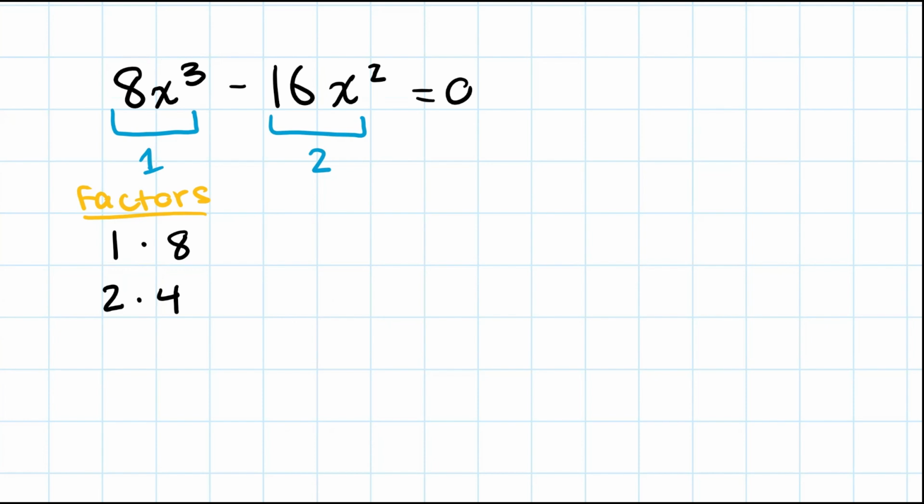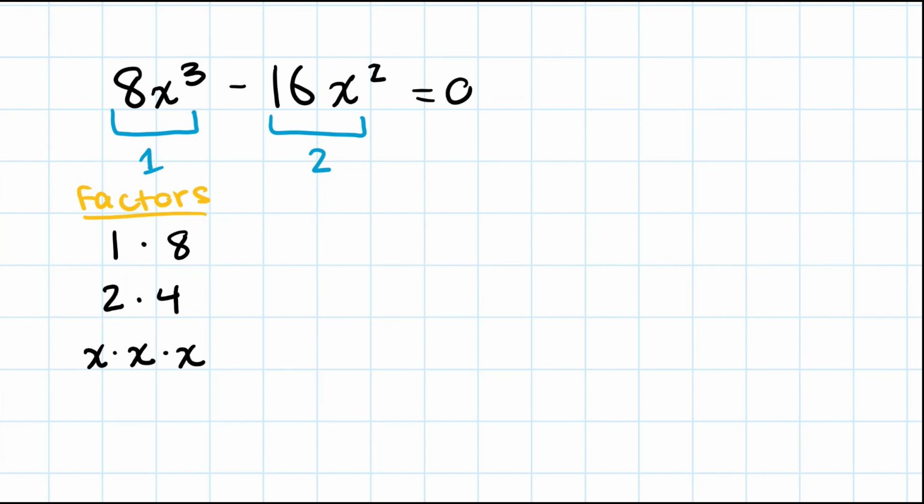1 times 8 is equal to 8. So those are the two factors that make up 8. 2 times 4, same thing. They're the two factors that make up 8. But if we were going to break down x to the power of 3, what does that really mean, right? That actually means x times x times x.